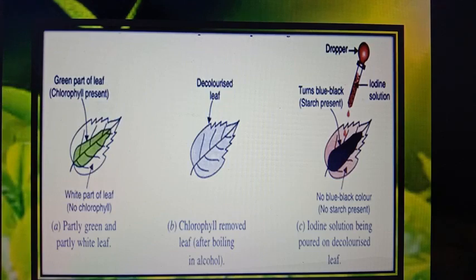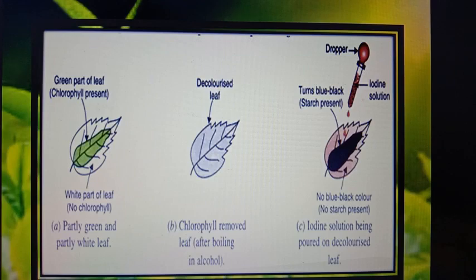For this experiment, first you have to destarch the plant, then you have to place the plant in sunlight for 2 days. After that, take one variegated leaf from the plant and trace the leaf on paper to mark the green and white parts.